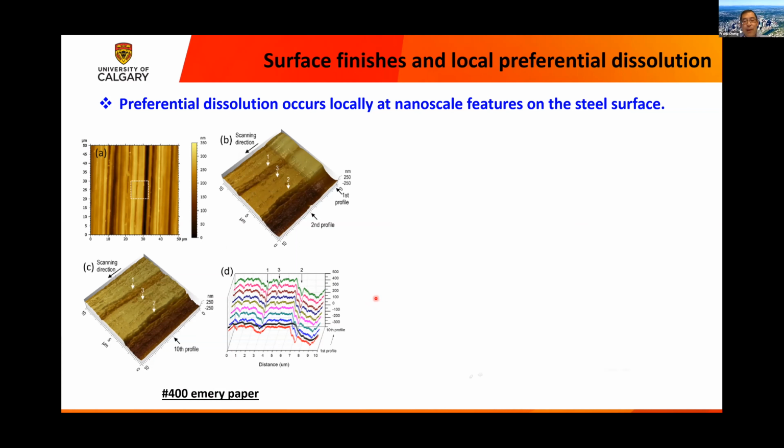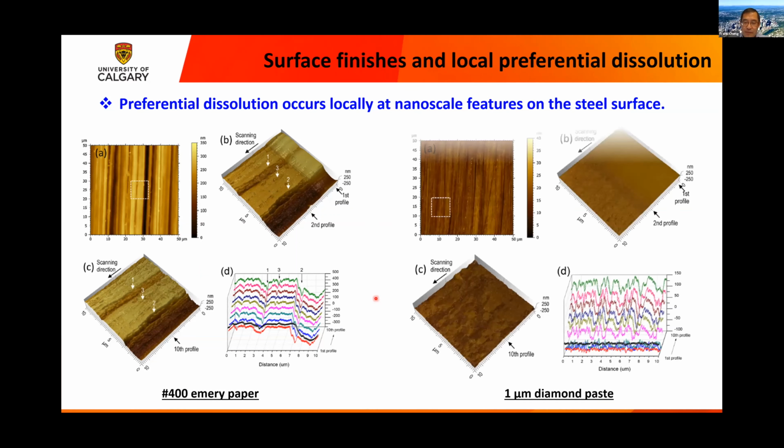As a comparison, if we produce a finer surface, such as with 1 micron diamond paste, you can see the surface is much finer and more beautiful compared with 400 silicon papers. But even in these features, if we look at a much more detailed scale, the dissolution rates are different. So this can give you very detailed features. Even though the surface feature is nanoscale, they suffer from different corrosion rates.